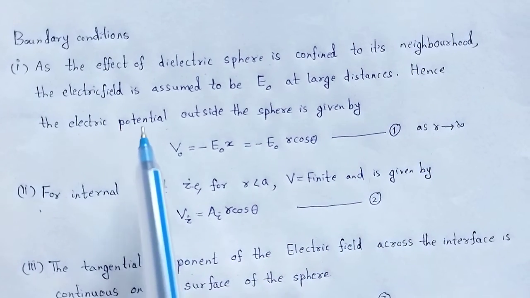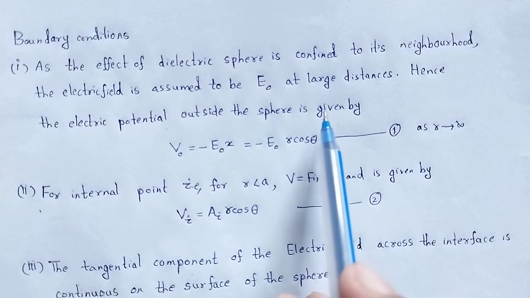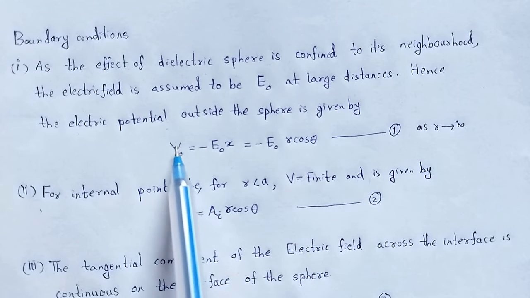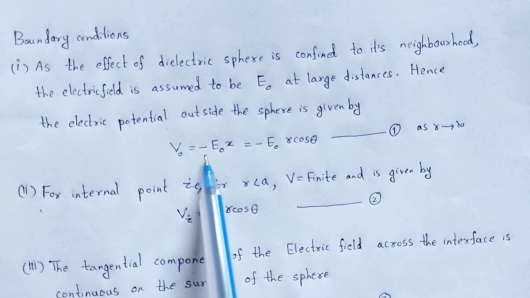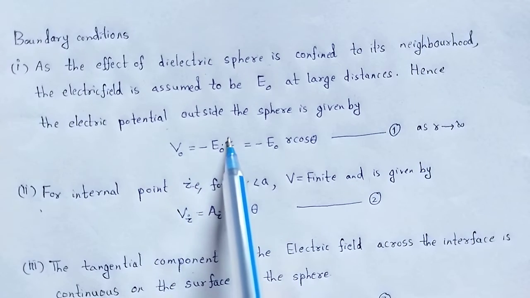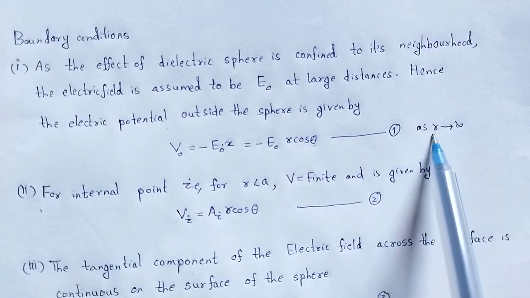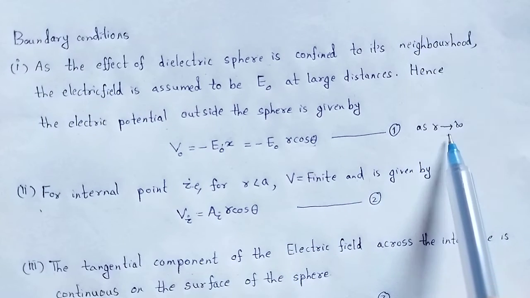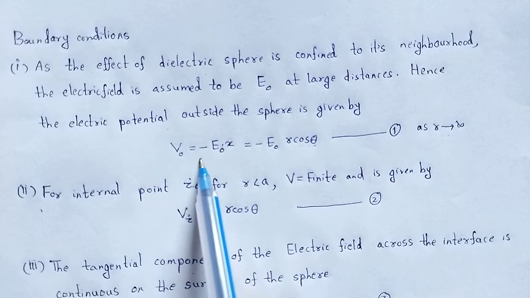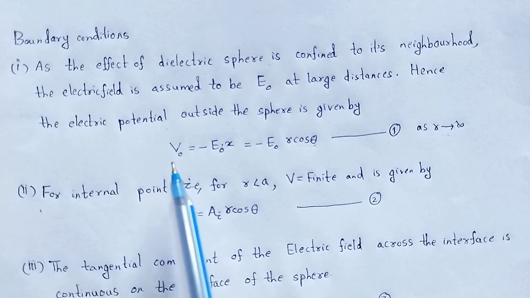Hence, the electric potential outside the sphere is given by minus E naught into x. Here the x component is r cos theta, at r tends to infinity, that is the value of potential.